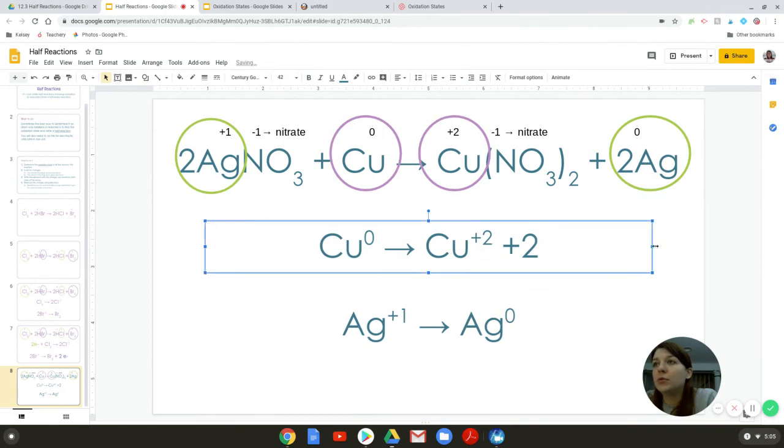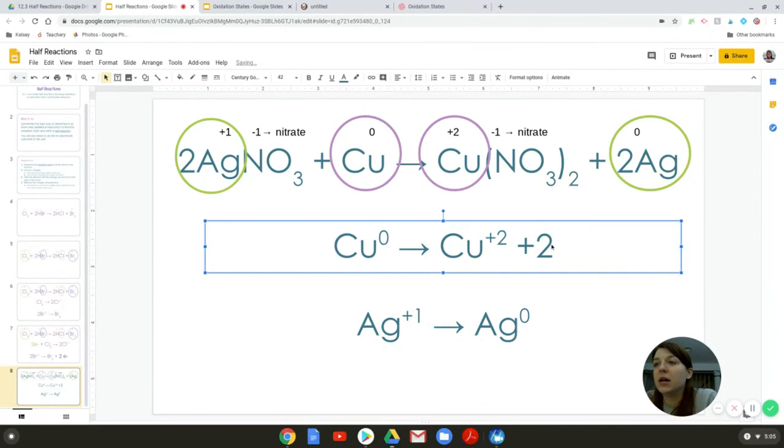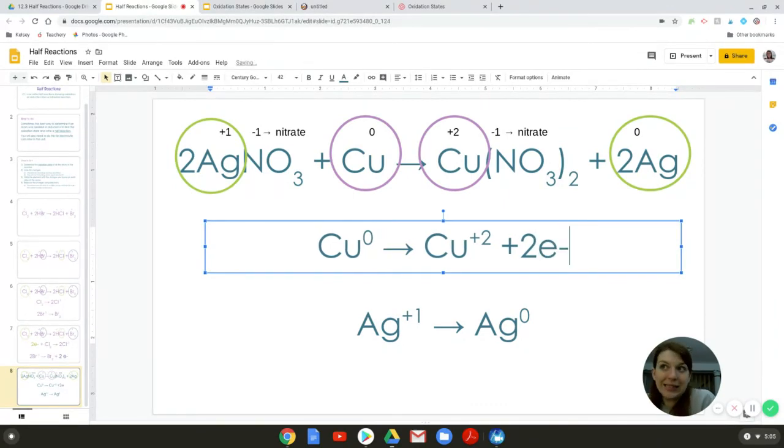If I put my electrons on the product side, 2e minus is shorthand for electrons, then my left side overall would be equal to 0, and my right side overall would be equal to 0 because my positive 2 would cancel out with the negative 2 that's here. You with me? Okay. I hope so.